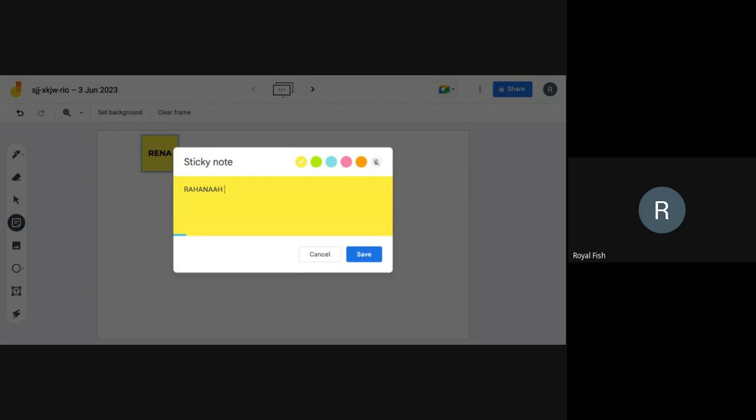Rahana, which is actually really pretty because she has Hana in her name, and I know that is something so popular in the Hebrew, which is Hana. Lots of people spell Hannah like Hannah, but hers is Hana.